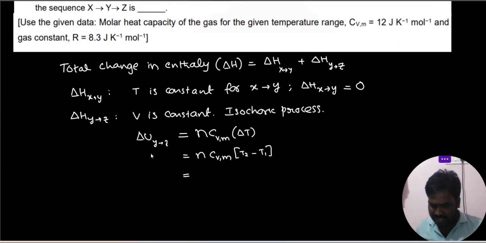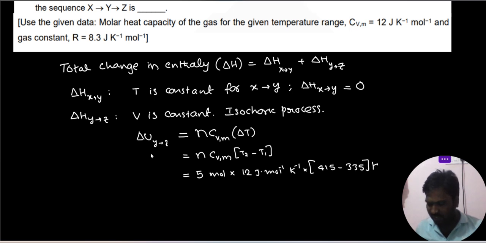So 5 mole into CV, which is given as 12 joule per mole per Kelvin, into the temperature difference 415 minus 335 Kelvin.